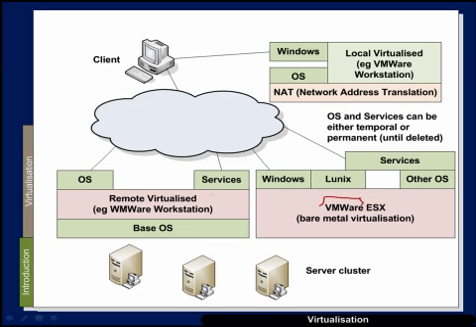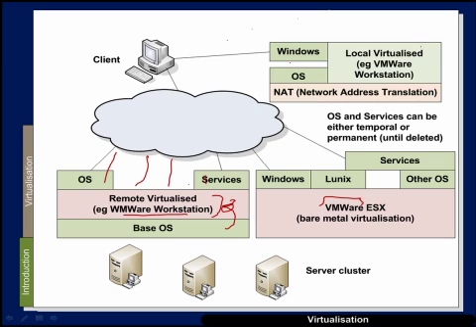So with VMware we can either use a virtualized environment which is installed on top of our base operating system, such as with VMware Workstation, and then we can run our operating systems on the top of it.